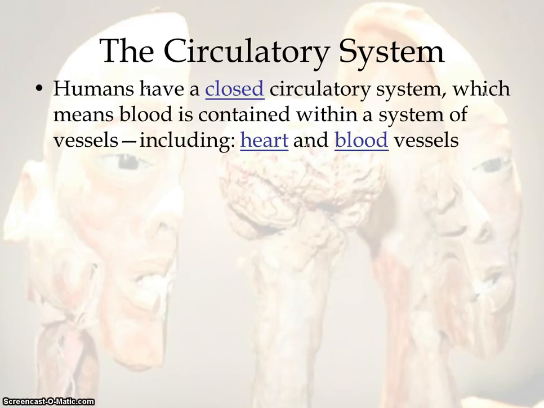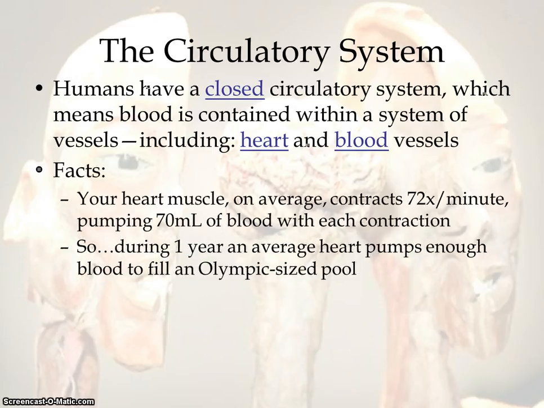We have different names for the vessels depending on how big they are and what they connect to. But you have the blood vessels and heart, so it's a closed circulatory system that's kept within these cycling parts. It's not open; it's closed.